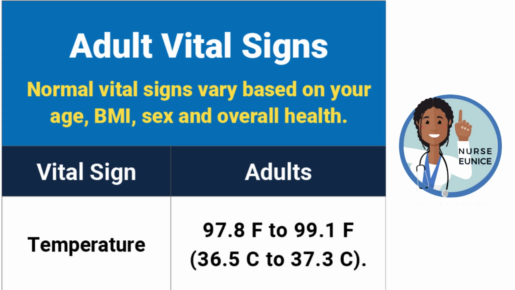According to the Cleveland Clinic, the average temperature for an adult is 97.8 degrees Fahrenheit up to 99.1 degrees Fahrenheit, or 36.5 degrees Celsius up to 37.3 degrees Celsius. If your facility is requiring you to document in Celsius, most of the time the electronic health record will automatically convert Fahrenheit to Celsius readings.